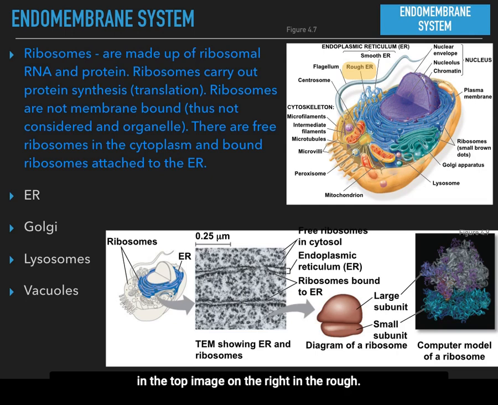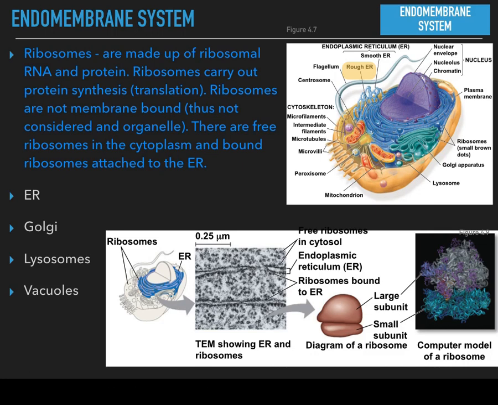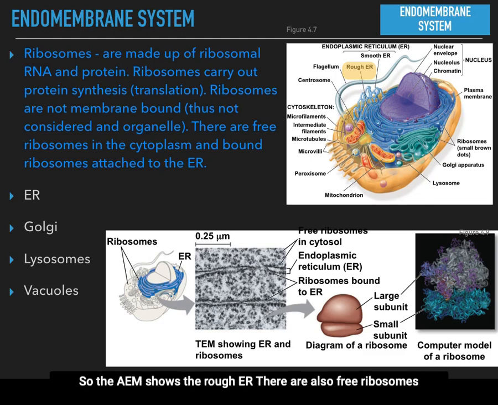Ribosomes are shown in the top image on the right in the rough ER that is adjacent to the nucleus. In the image below, there is a transmission electron micrograph which shows small beads or black dots along what appears to be tubes. These tubes are the ER, so the EM shows the rough ER. There are also free ribosomes in the cytoplasm not attached to the ER.